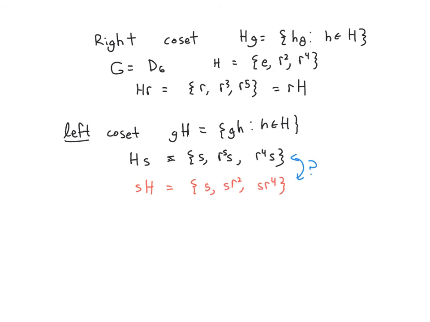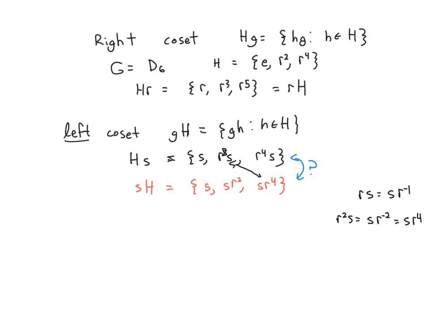At face value, it seems like the answer is no, because these don't look the same, but we need to keep track of the group operations. So RS is always equal to SR inverse. So R squared S is SR to the negative 2, and R has order 4 here, so that's SR to the 4th.